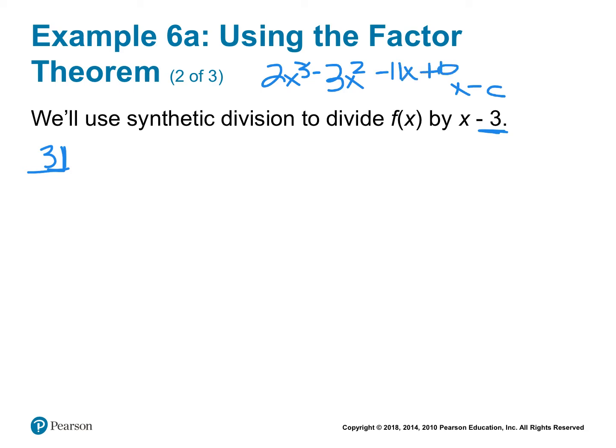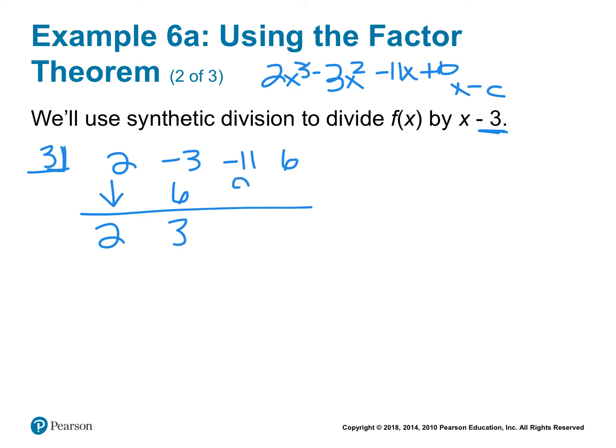So I'll bring my 2, negative 3, negative 11, and 6 down. Bring my 2 down. 3 times 2 is 6. Gives me 3. 3 times 3 is 9. That gives me negative 2. 3 times negative 2 is negative 6. Remainder of 0.